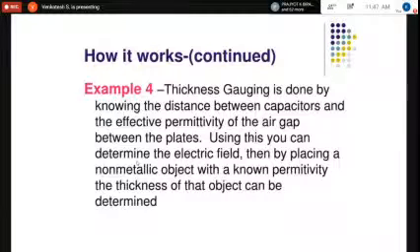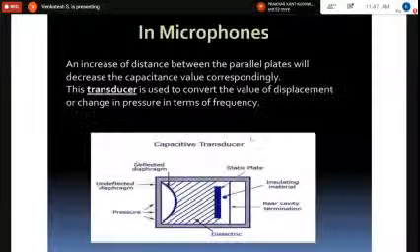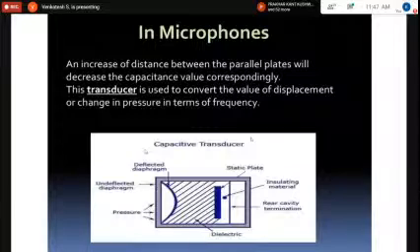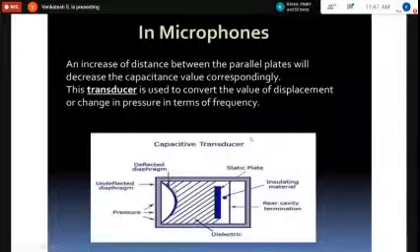That is another application. Now, I am talking into my mobile microphone. How does that microphone work? At the entrance of the sound, there is a diaphragm, an elastic material, which is coated by a metal on the other surface.